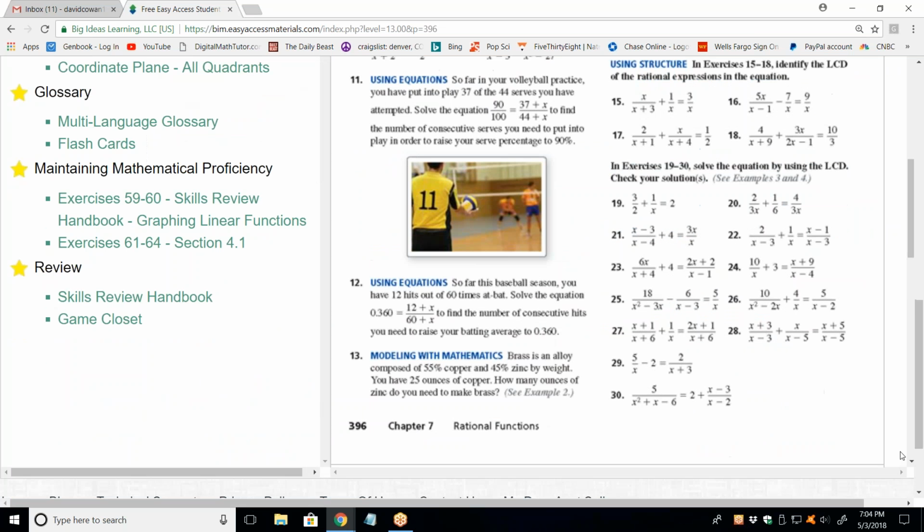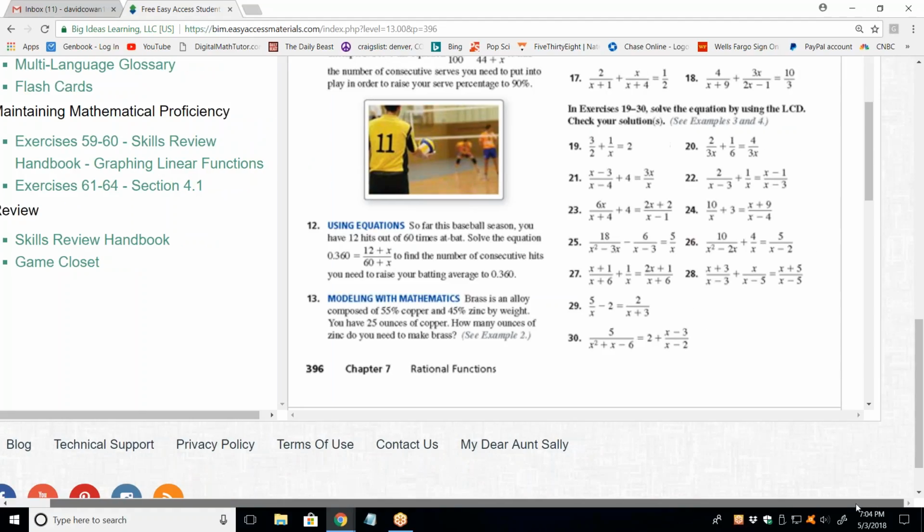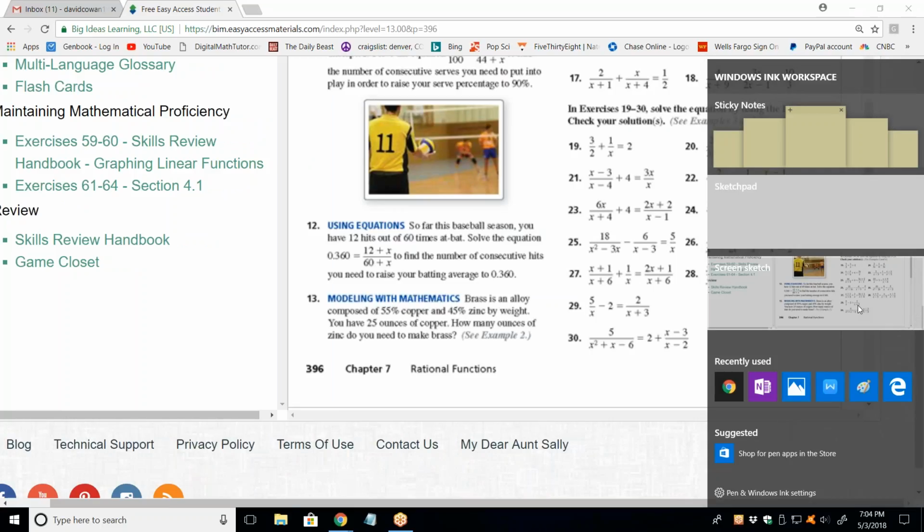Okay. Solve it by using least common denominator. Check your solutions. What am I going to do? What's the least common denominator on 19?